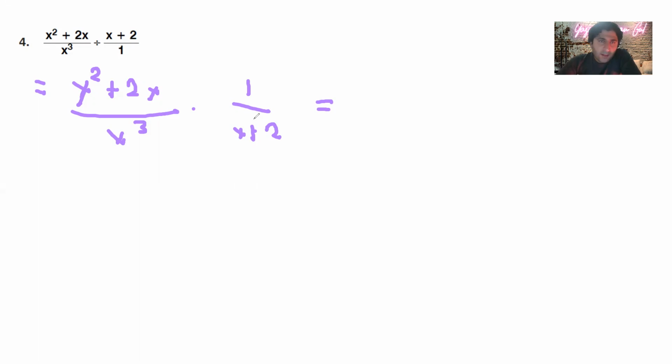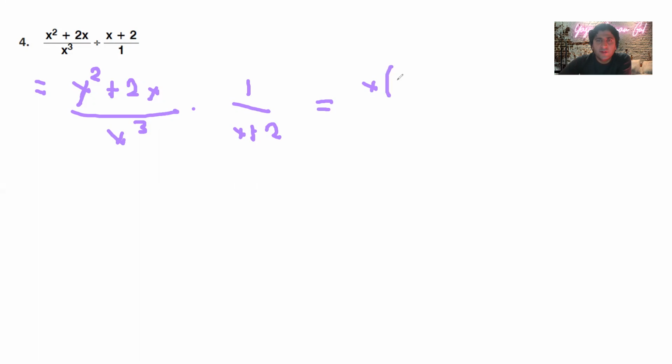So x squared plus 2x, what is common there? x.